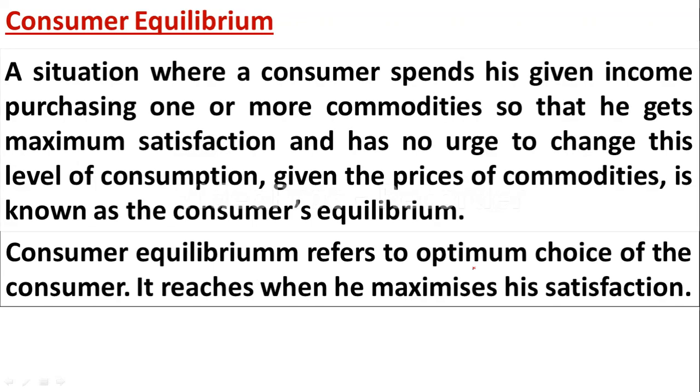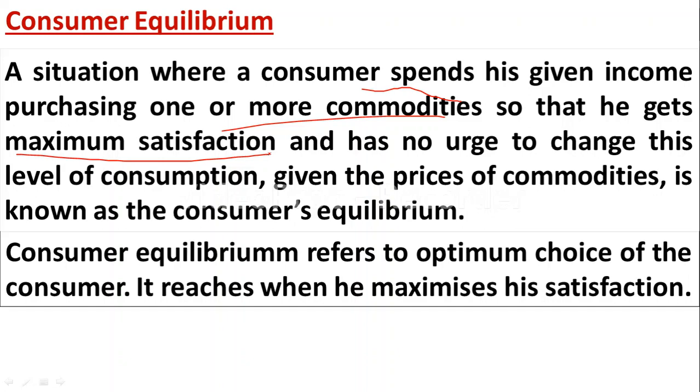So next let us understand consumer's equilibrium. Consumer's equilibrium is a situation where the consumer spends his given income purchasing one or more commodities so that he gets maximum satisfaction and has no urge to change this level of consumption, given the prices of the commodities and the consumer's income level.